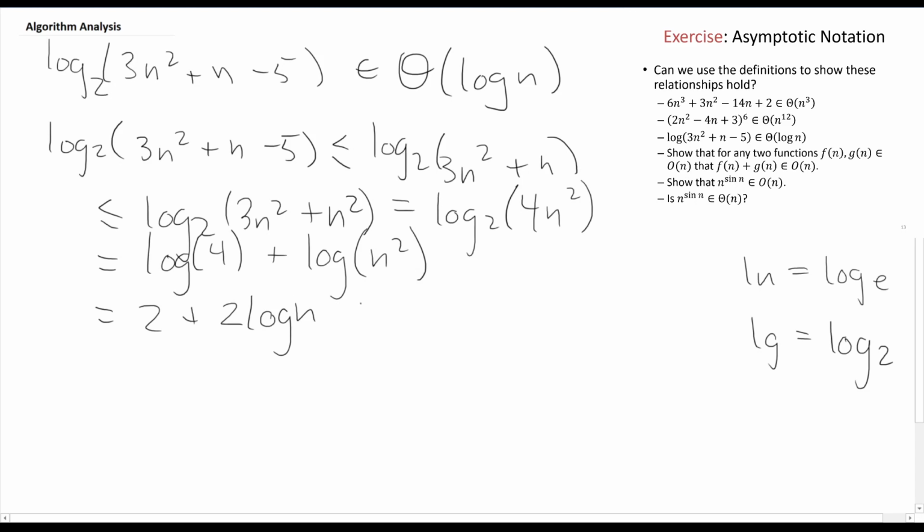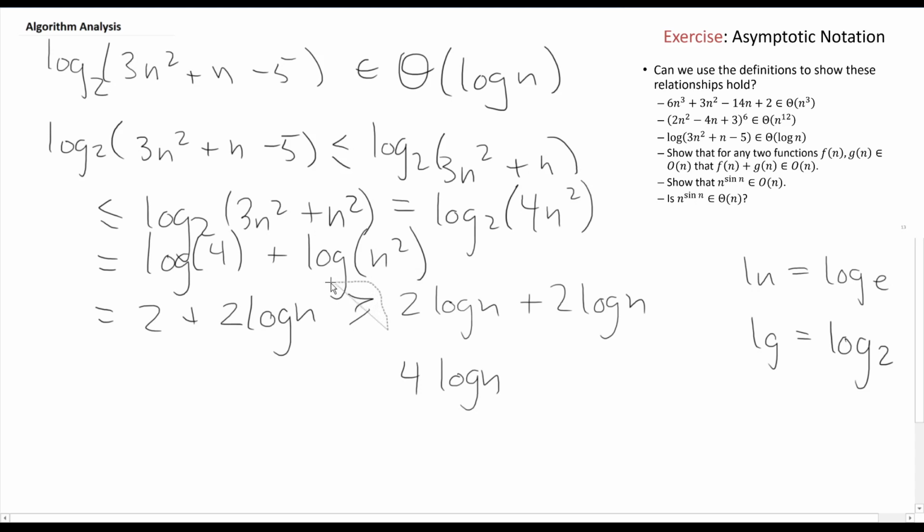Now, maybe I'll do the last couple steps a little quickly, but this is going to be 2 plus 2 log n. Oops, I've gone ahead and switched the order of my sign.